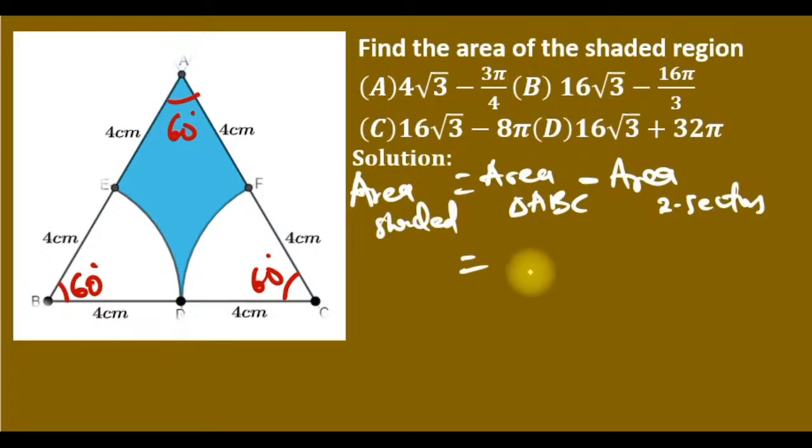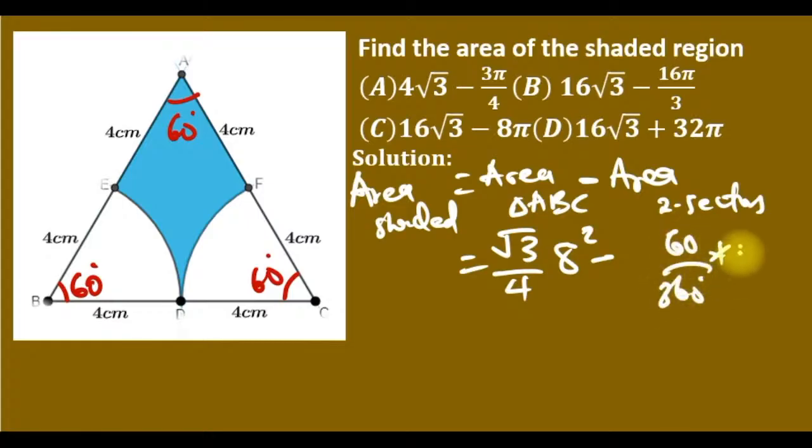We know that the area of an equilateral triangle is √3 over 4 times side squared, and the side is 8, so 8 squared, minus the area of a sector, which is theta over 360 times pi r squared. Here it's 60 over 360 times pi r squared. The radius is 4, as you can see.